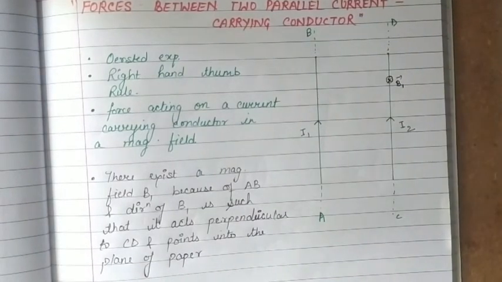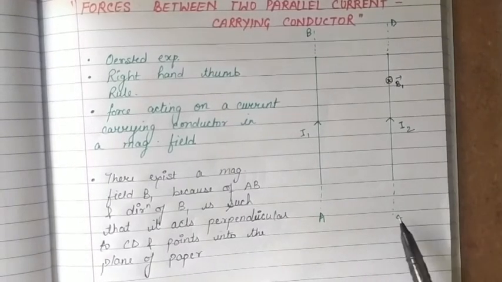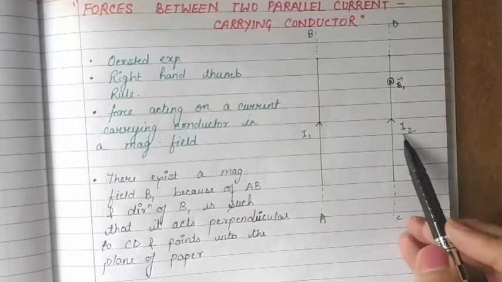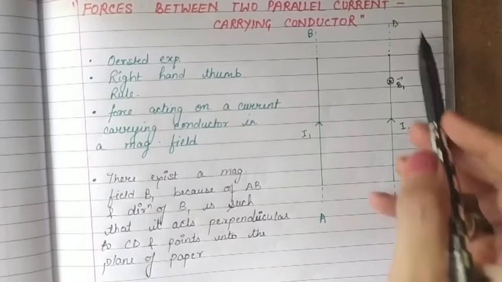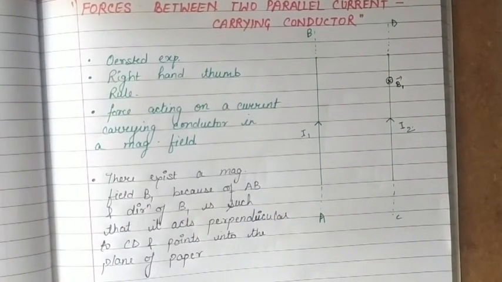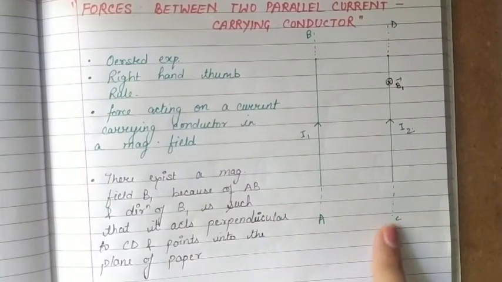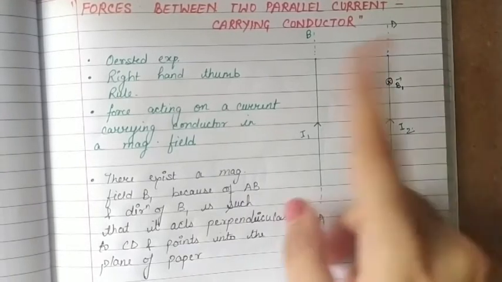Okay, now if we consider the conductor 2, so in conductor 2 CD, the current flowing is I2. Because of this current I2, it also sets up a magnetic field in the region around it, and the direction of that magnetic field is again defined by using the right hand thumb rule. So now we are going to hold this conductor CD with our right hand and want to know the direction of magnetic field around it.